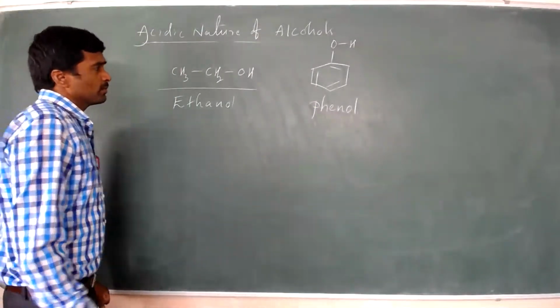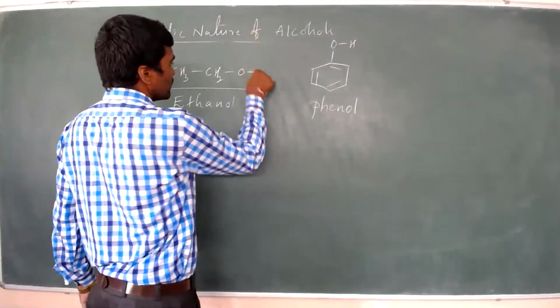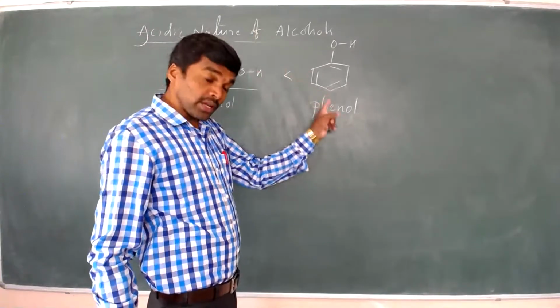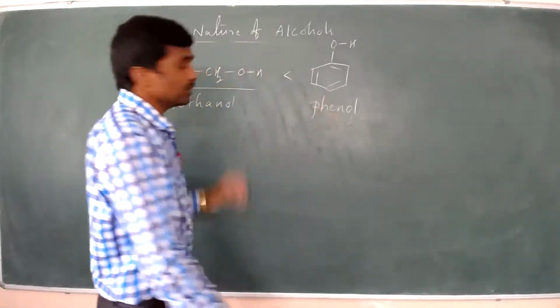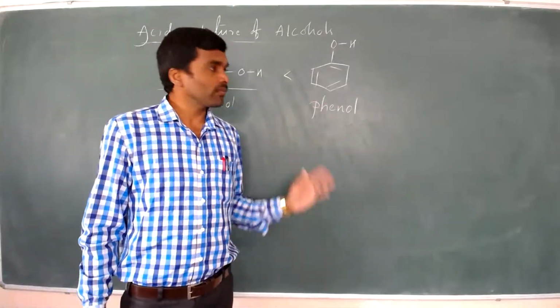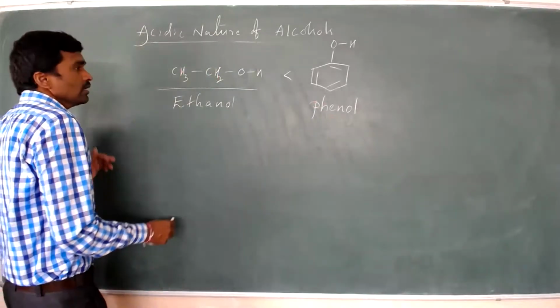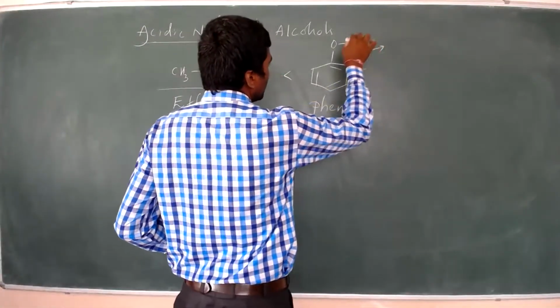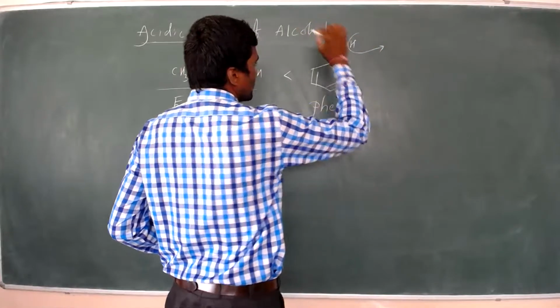Now you remember, your answer is that phenol is more acidic than ethanol. Why? Because if the proton is liberated from phenol, the phenoxide ion will be formed.